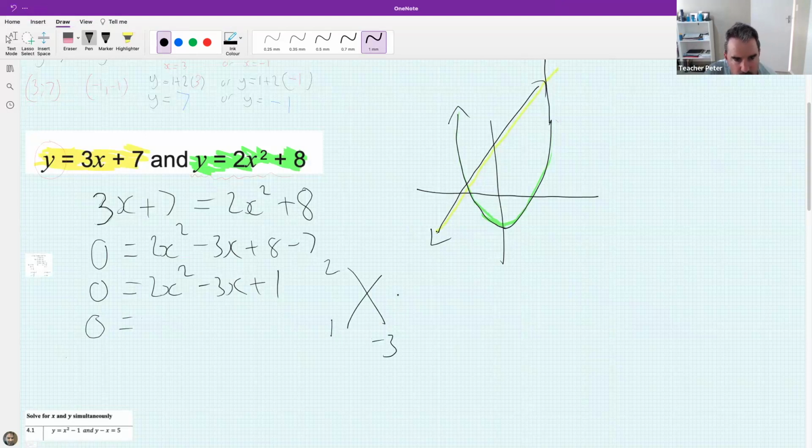What do we do for this one? Three should not go there. So that should be 1 and 1. So what are you getting for your x values? Are you getting the same as me?